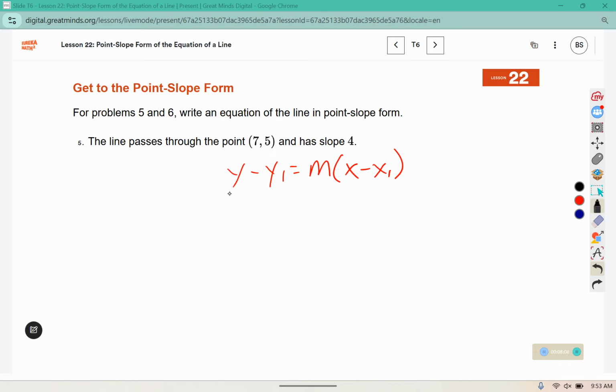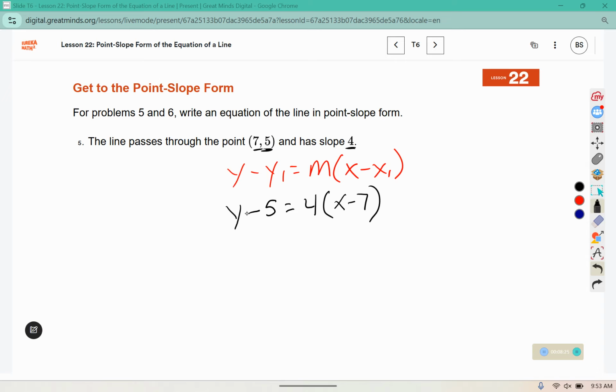So like I said, the y and the x are going to stay, but the y1 is going to come from a point. The m is going to be from the slope. X is going to stay, but x1 is going to come from the point.